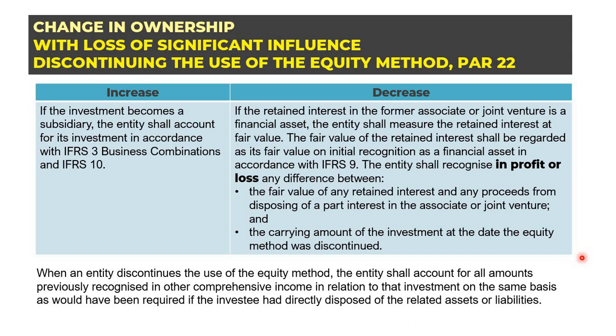So, yun ay diretsyong sinasara sa retained earnings. Kaya, ganun din yung treatment natin ng pagsasara ng OCI. Same basis sa kung paano isasara ni associate, which is idiretso sa retained earnings. Kaya yung OCI na nirecord natin na galing kay associate, sinara natin siya diretso sa retained earnings without recycling.